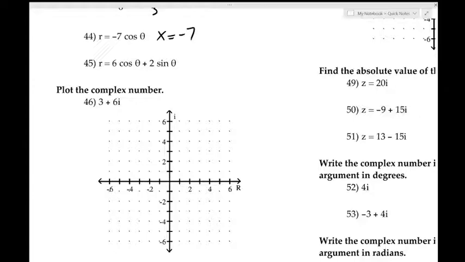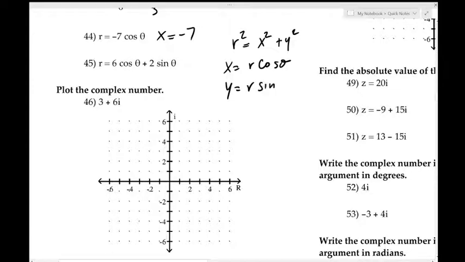For number 45, we're going to be very creative because there are different ways to go about it. We know some definitions like r squared is equal to x squared plus y squared. We know that x is equal to r cosine theta, y is equal to r sine theta.